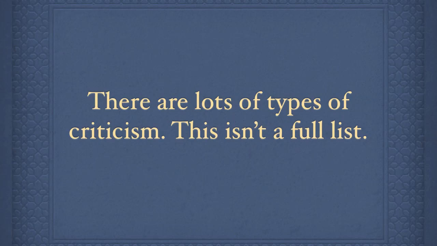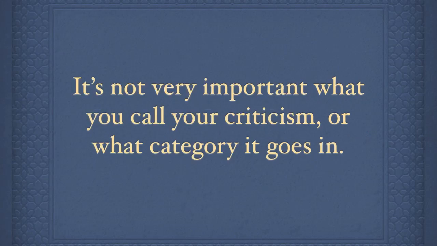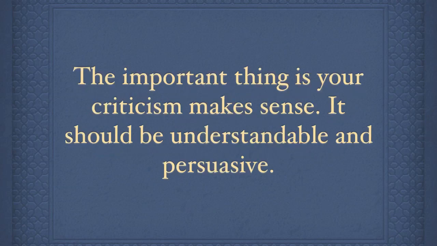So we've gone over a list of types of criticism, but it's not a complete list. It's also not very important what we named the different types of criticism. You don't have to worry about categories of criticism. You don't have to worry about titles for things. What you really want to do is find a problem with something and explain what the problem is, and that's a good criticism of it.